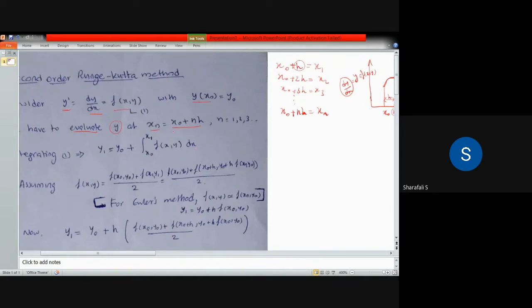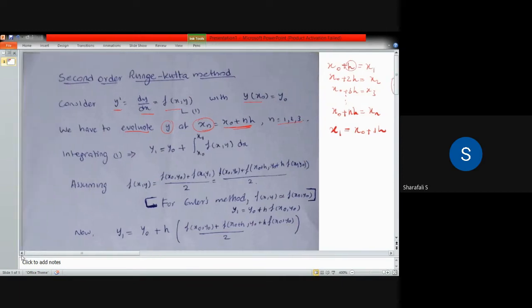So to get the value of xn, you have to add nh to x0, where n is 1, 2, 3, 4, etc. For example, if you want to get x1, then x1 will be equal to x0 plus 1h, and so on. You can calculate all the other x values.